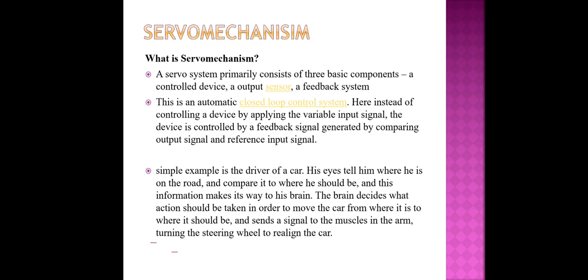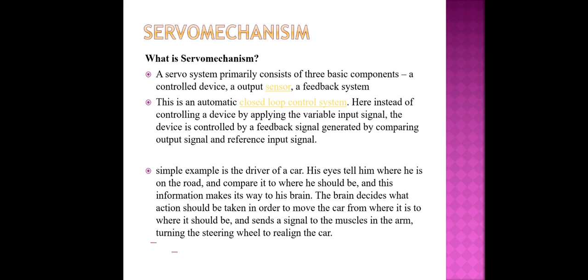Let us take an example of a servo system. The example is the driving of a car. When the driver starts driving, his eyes tell him where he is on the road and compare it to where he should be, and this information makes its way to his brain.